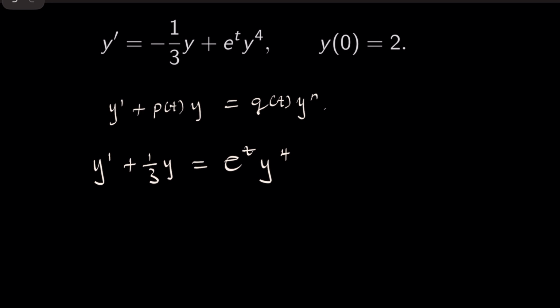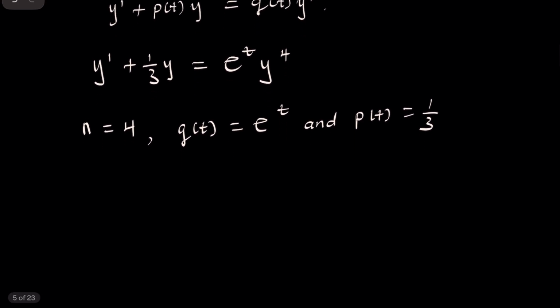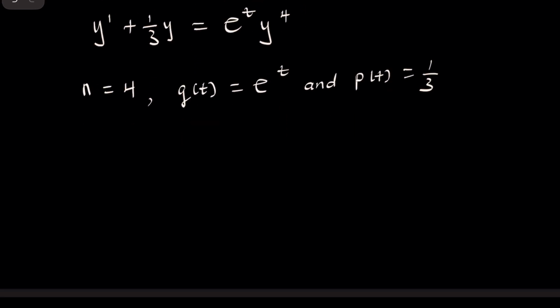Here we have n to be 4, q of t to be e exponent t, and p of t to be 113. Now let's divide this through by y exponent 4.